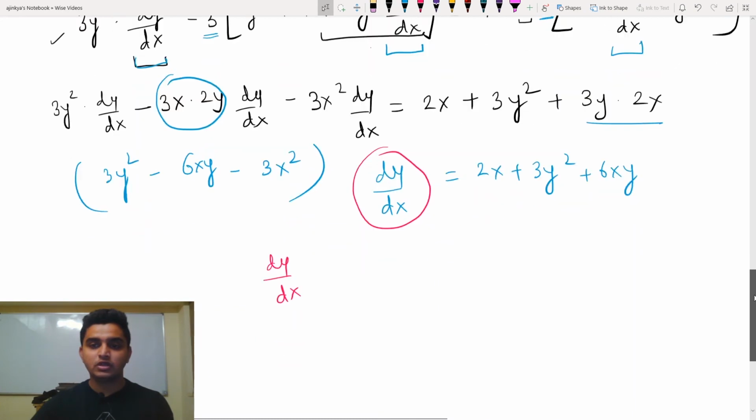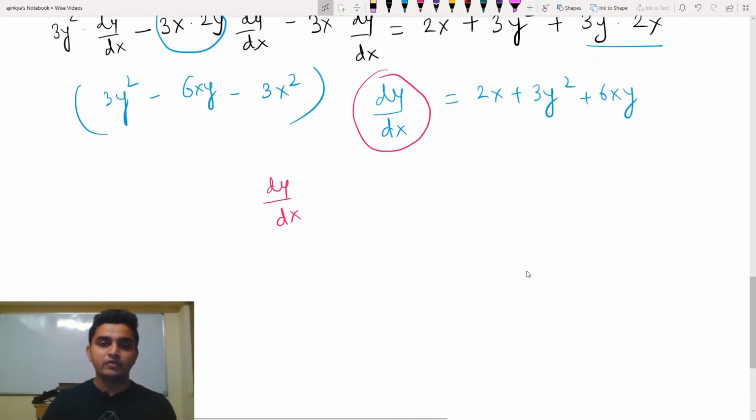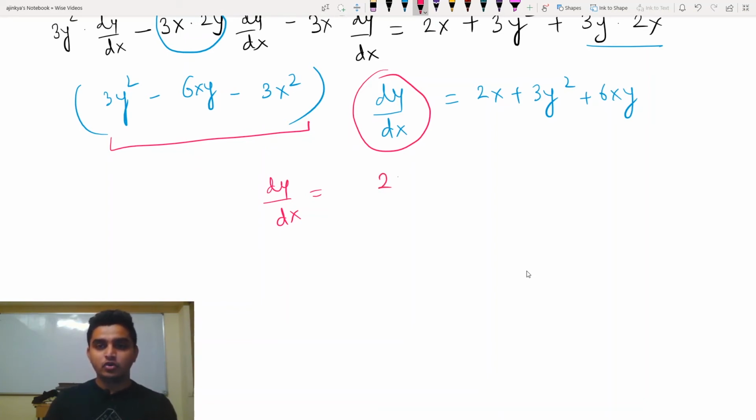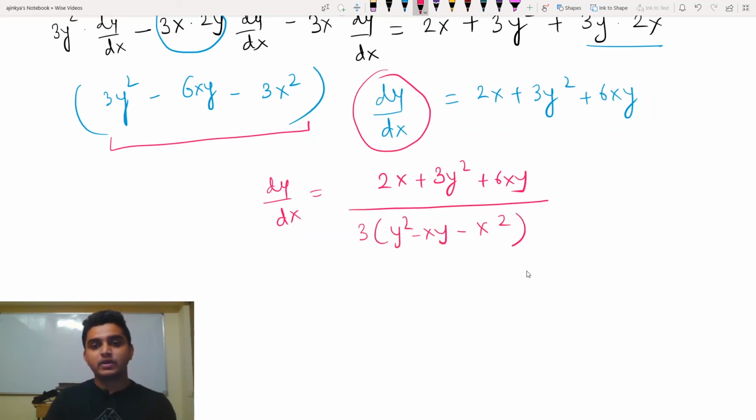So what is your answer going to be? When you divide this whole term over here, you will get your final answer. But before that, we can do a trick over here. We can take out 3 common from all the terms. So here you have 2x plus 3y square plus 6xy, everything divided by 3 times y square minus xy minus x square. So this is your final answer, which is very easy and convenient.